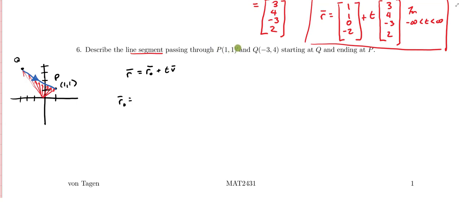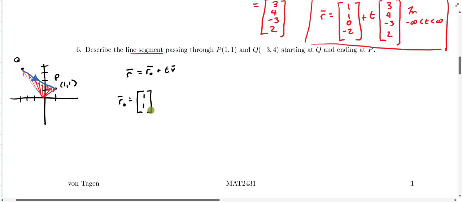But I'm going to take as my initial position vector the vector (1, 1). Now that's actually a bad choice. Based on the explanation that I just gave you, I think it would make a lot more sense to take this point Q as my initial position vector. But I just want to show you something about how these parameterizations work.